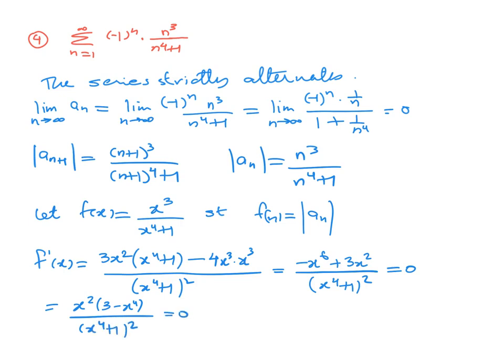So this means that x equals 0, or x equals plus or minus the fourth root of 3. So now I've got my values where the derivative is equal to 0, and then I can do my number line to determine where the derivative is negative, which would mean that the function is decreasing. I'm going to need another page in order to make this work.